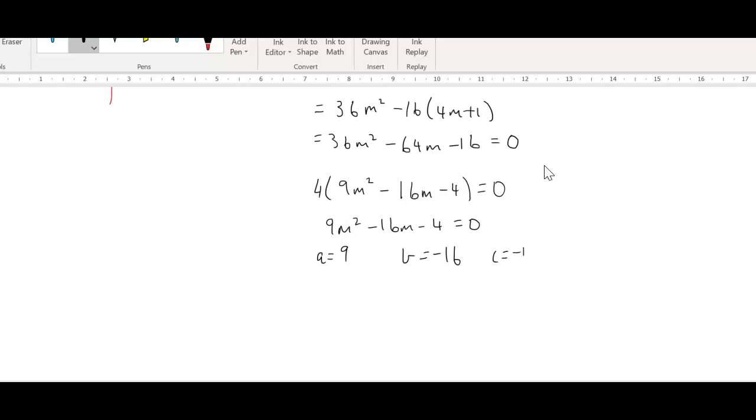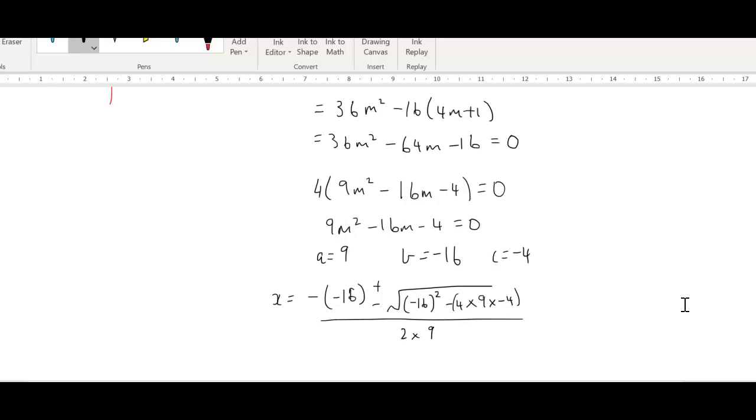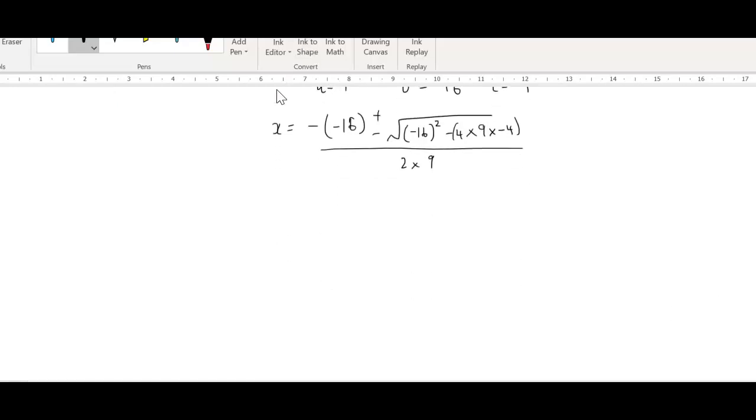So x is equal to negative b. b is negative, so I've got to put a negative in brackets, plus or minus the square root of b², so (−16)², minus 4 times a times c, over 2a. It's going to take me a while. Negative and negative gives you a positive, plus or minus.